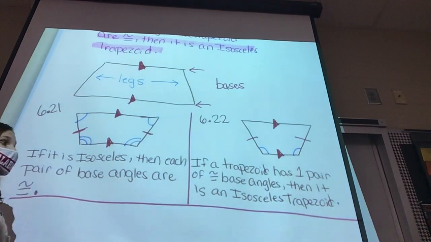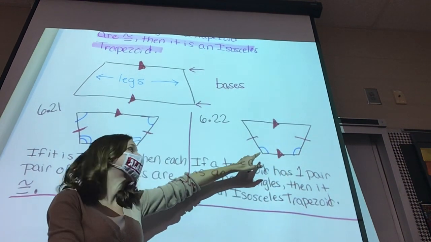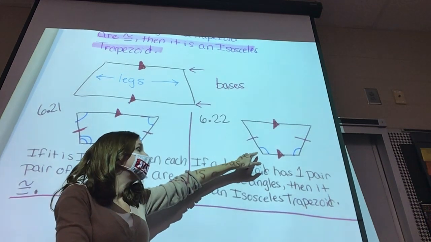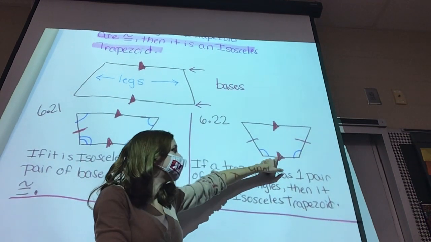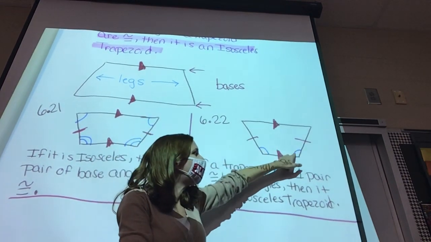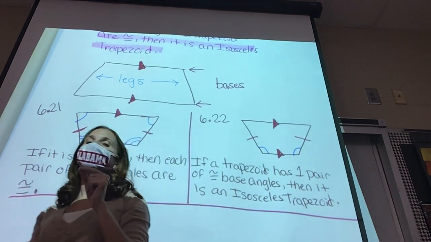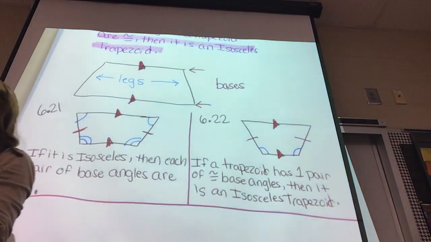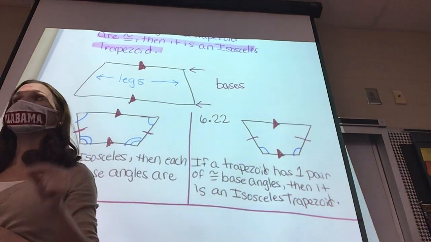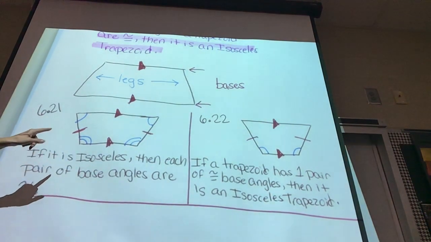So it's telling you that if you see your parallel lines, you see that the two sides are congruent, and you see that it's got one pair of base angles, you should automatically know that it's an isosceles trapezoid, even if they don't tell you. Okay? Therefore, what do we know about isosceles trapezoid? We know that they've got two.